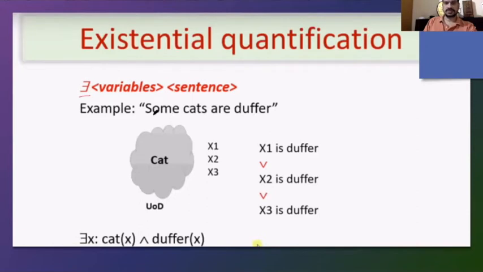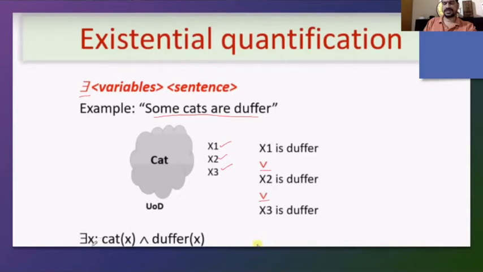We have some cats in the universe of discourse, x1, x2 and x3. We are not saying all cats are duffer, we are saying some of the cats. That's why it is written in a disjunctive way, meaning with an or.